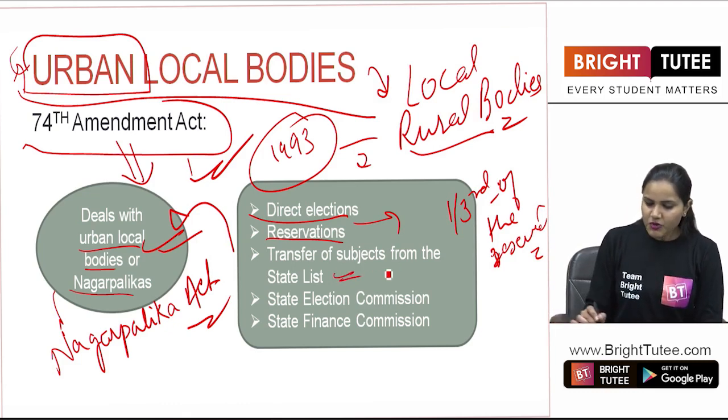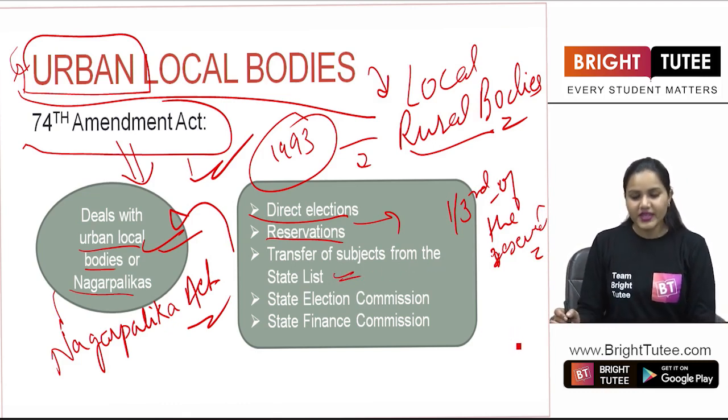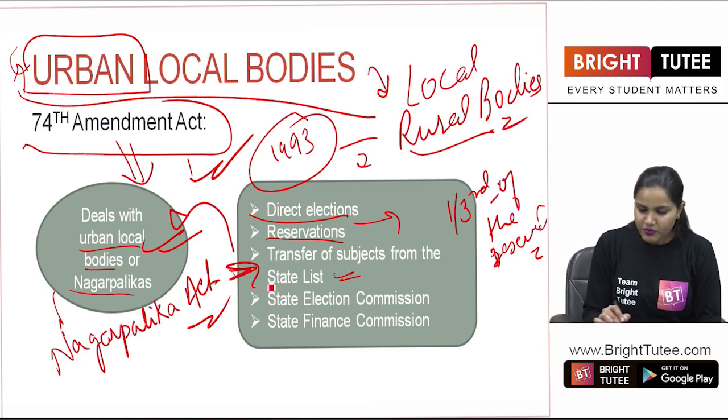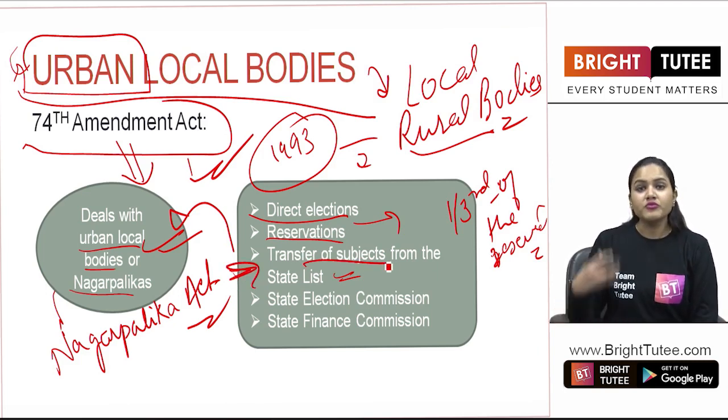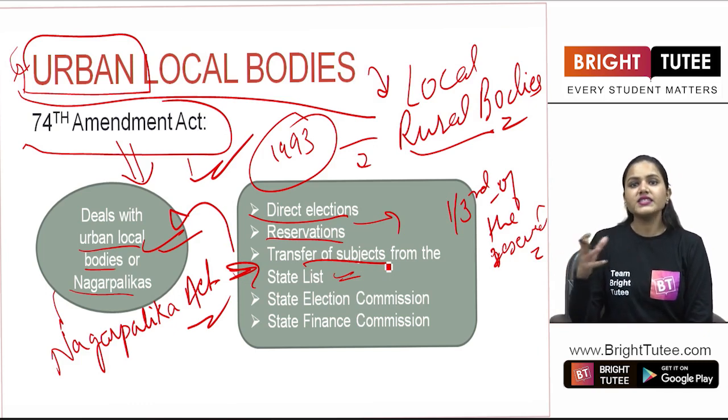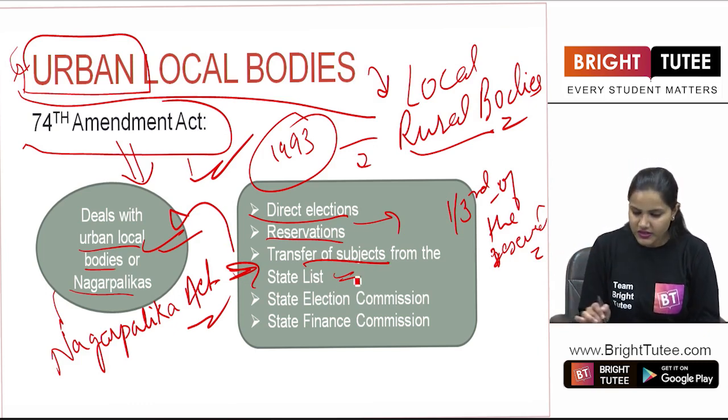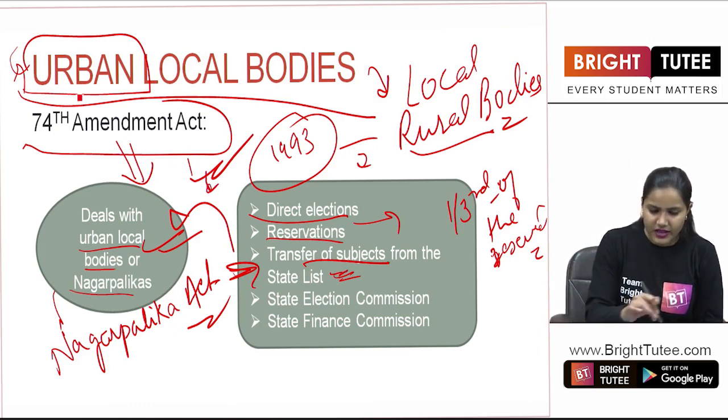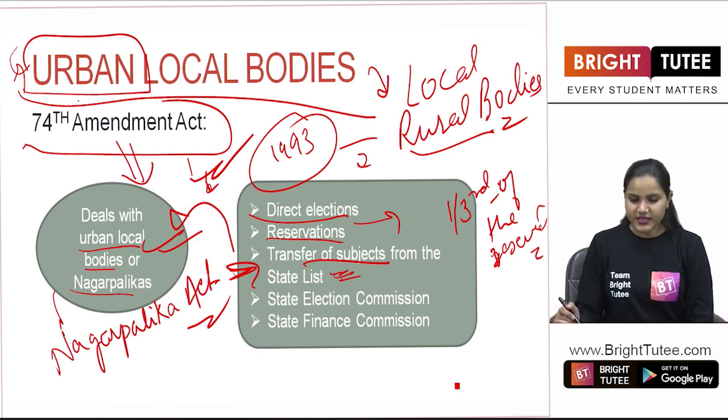Now, the transfer of subjects from the state list. Many of the subjects that were in the state list were now transferred to the urban local bodies under this section.